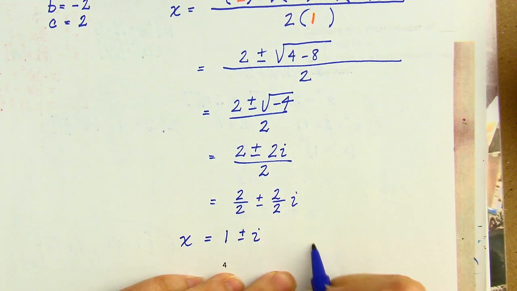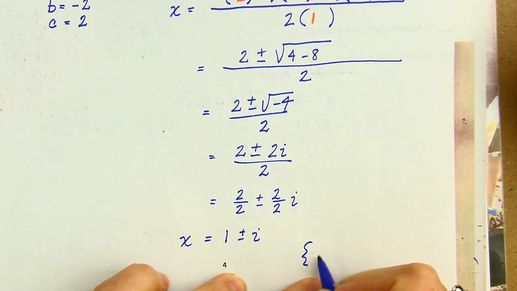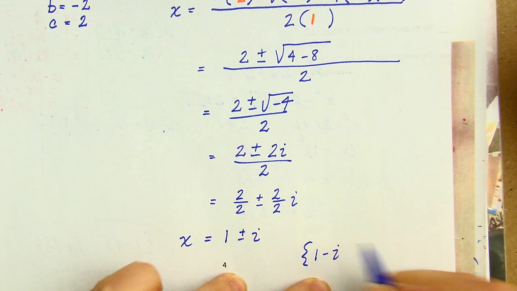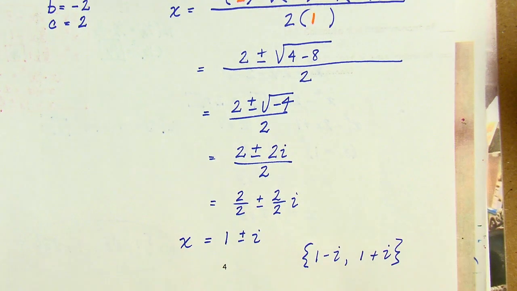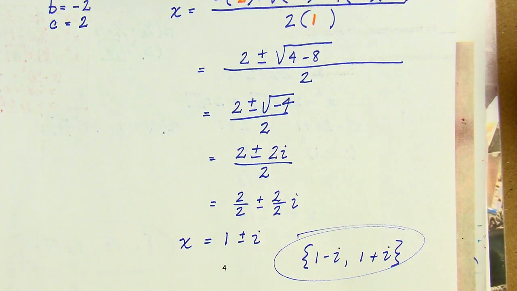I'm going to put that solution in my set notation. I know they're not real numbers, but that's okay. Those are my imaginary roots. What does that mean if I have i? I'll give you a moment to think about that. Well, if I have an imaginary x-intercept, that means the parabola does not cross through the x-axis.